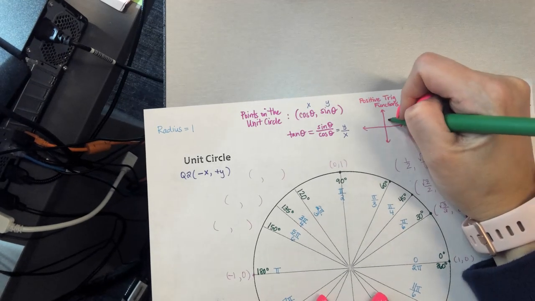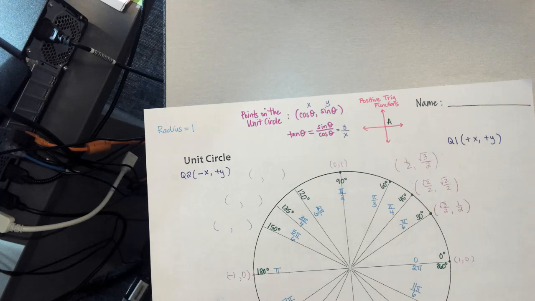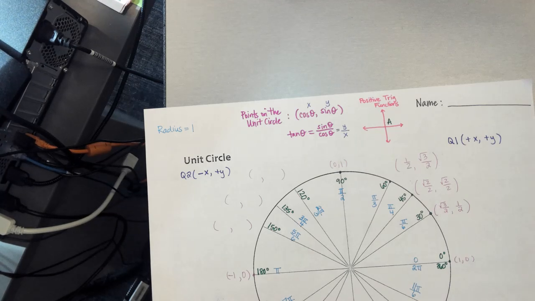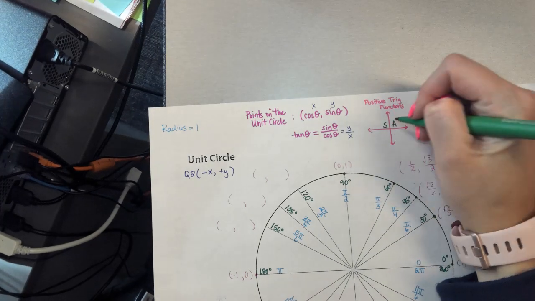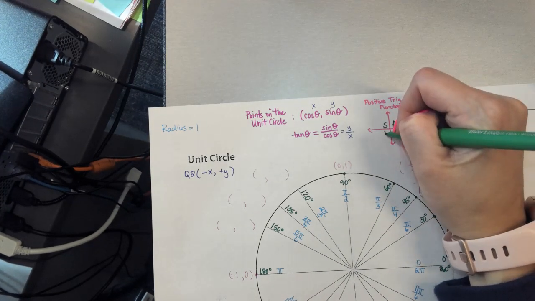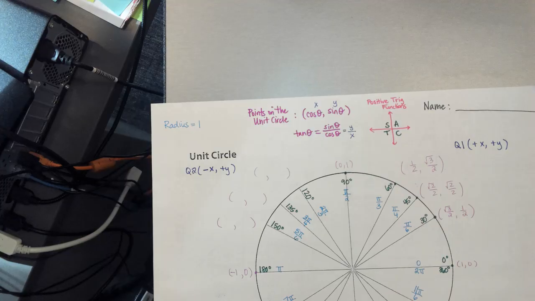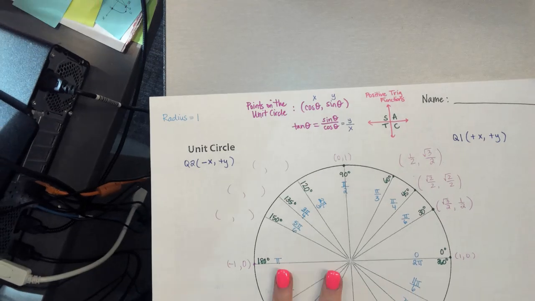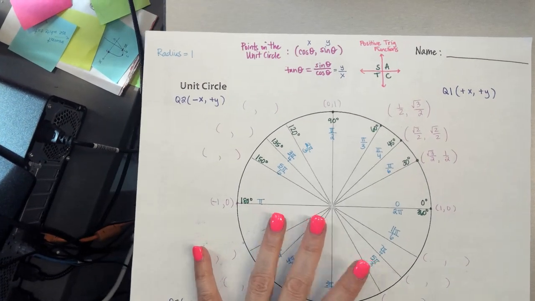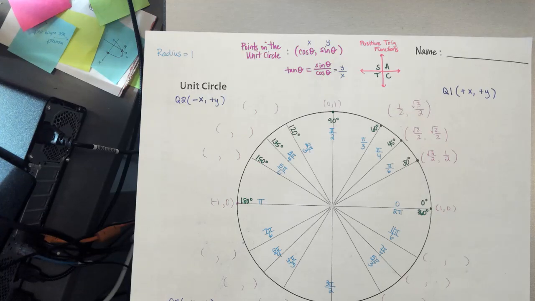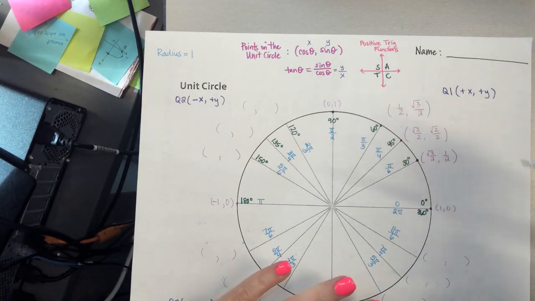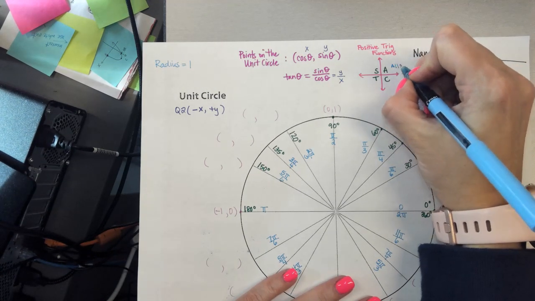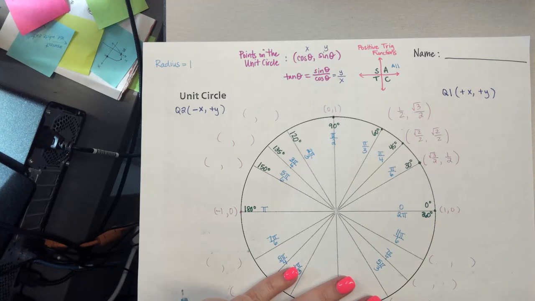A is for all. All students take classes, yes. And now that we've moved up in the ranks, the other thing you will hear people say is all students take calculus. Okay, and what that stands for is that all trig functions are positive in quadrant 1.